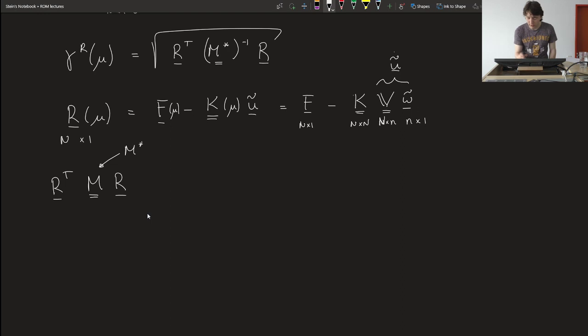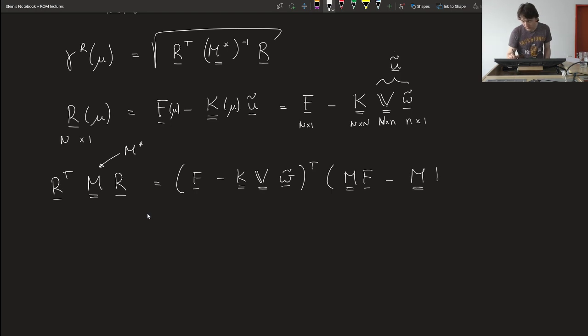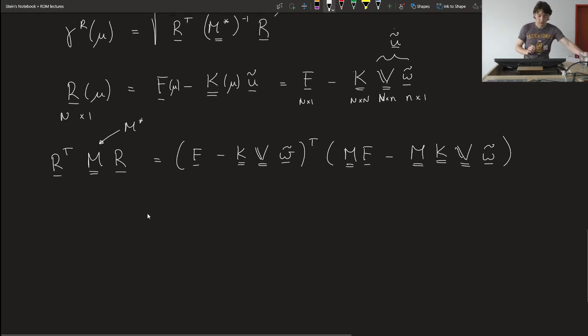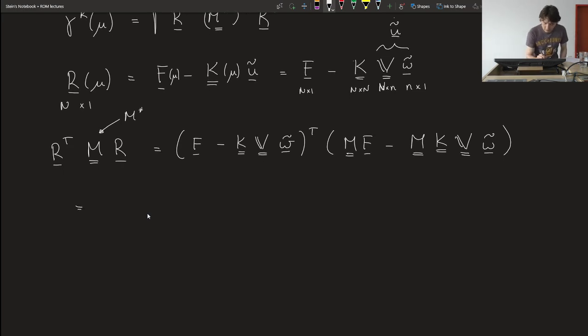And this was our definition of r, so I can just substitute that. I'm taking f minus K V w, u tilde, transpose. Now I'll already plug in that mass matrix, just for clarification. You get M times f minus M times K times V w. I can work out the brackets here. Again, there are no approximations here. Everything up until now is the exact definition of gamma r.